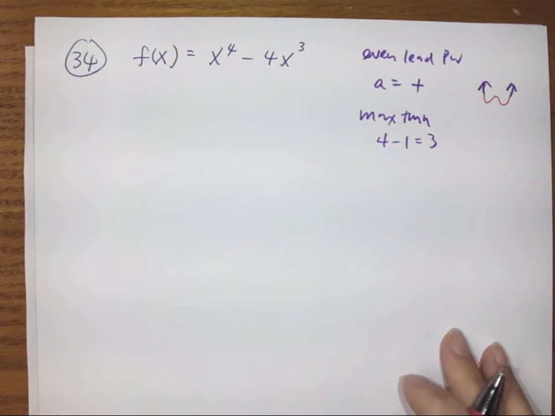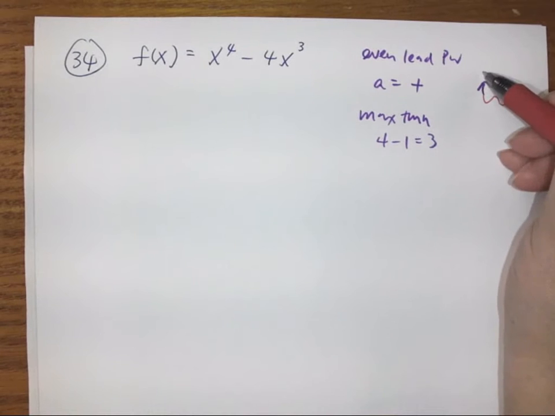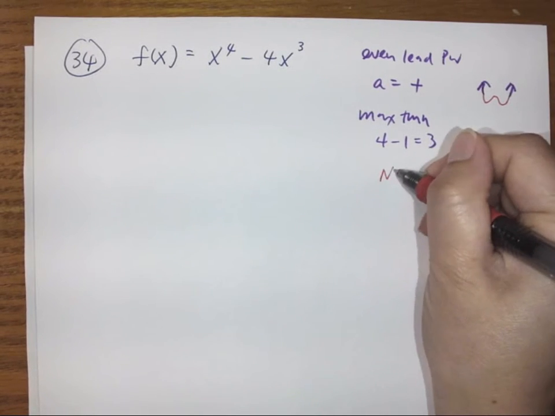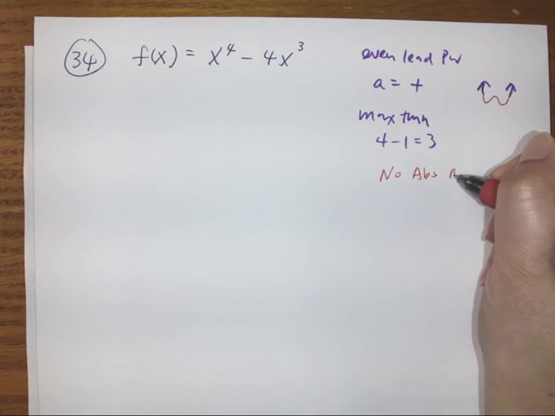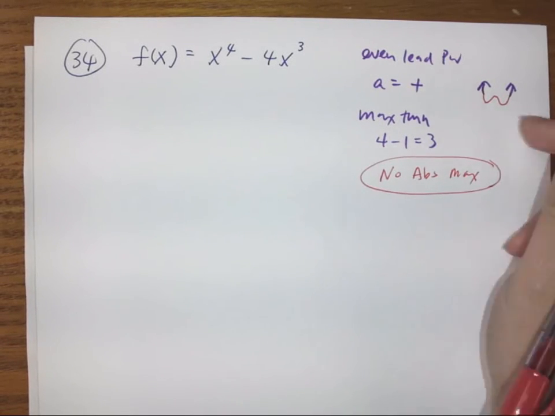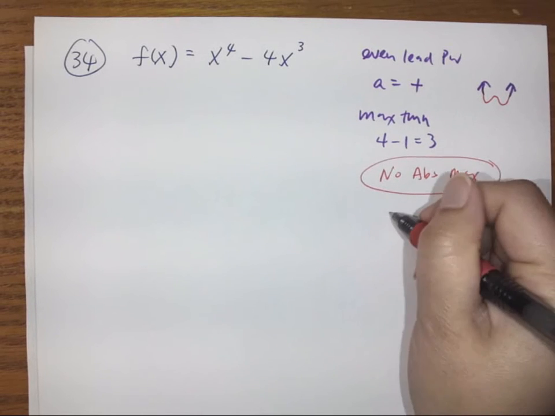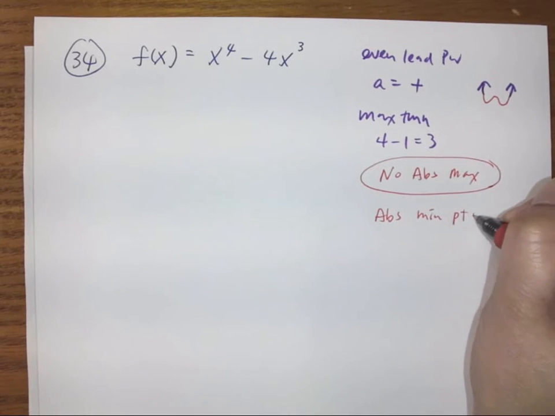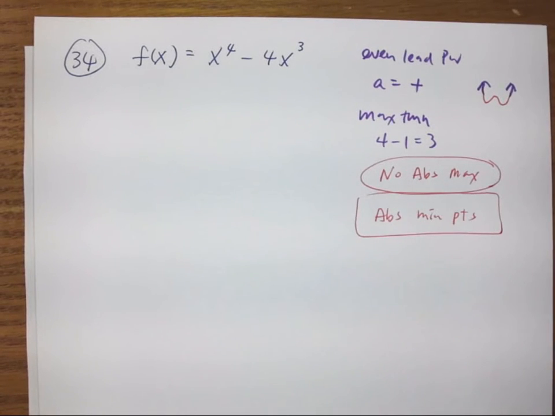It looks like there is no absolute max, right? Because they go on forever up. So no absolute max. And we may have some absolute minimum point. Maybe 2, up to 2.